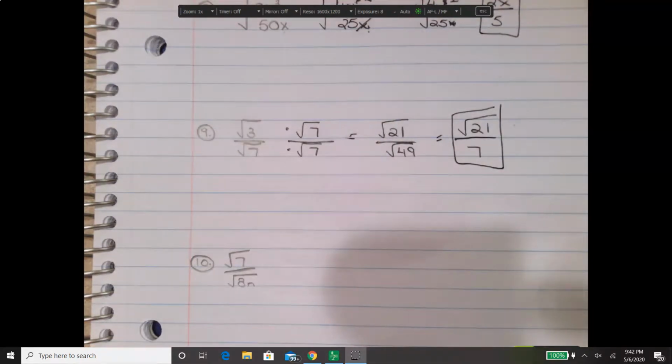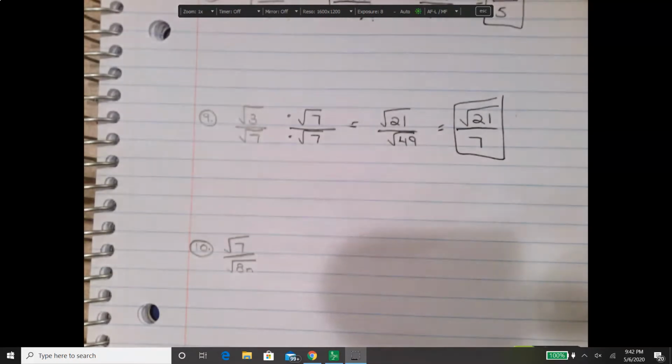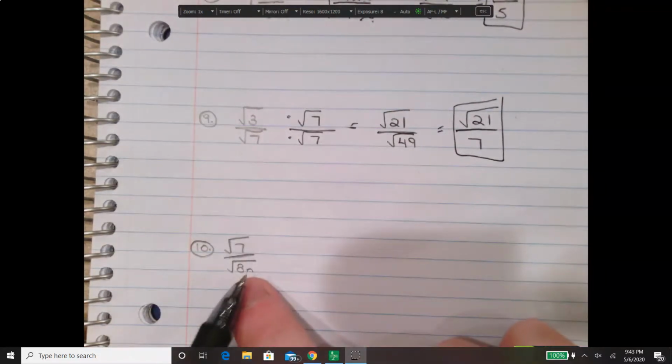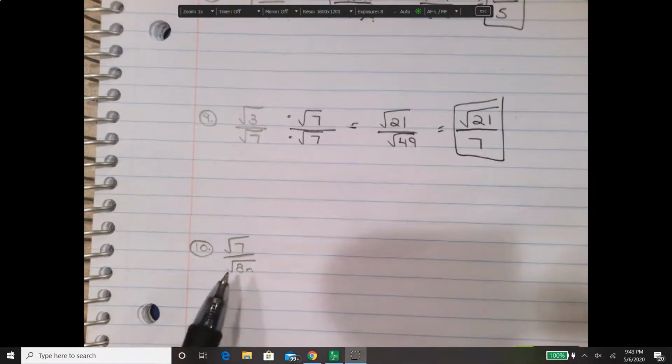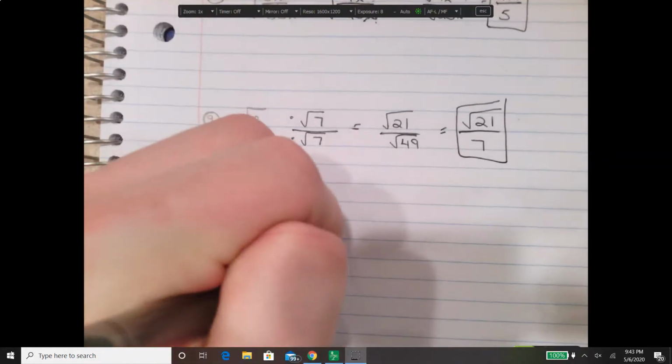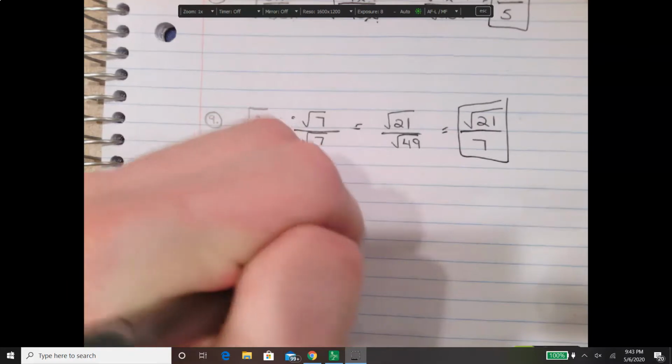Before I begin to solve, and there's a couple ways you could do this, I'm going to look for any opportunity I can to simplify before I begin this multiplication step. And I can actually simplify my denominator. My denominator is radical 8n. I can break 8 apart into radical 4 times radical 2n.